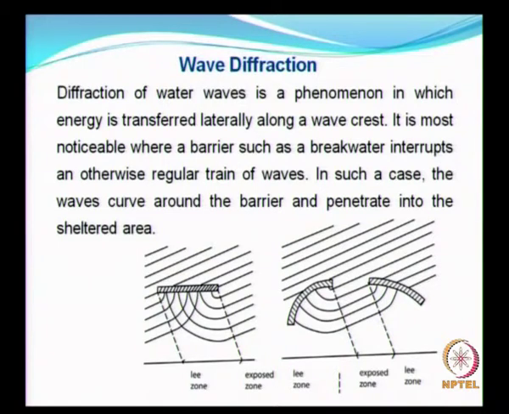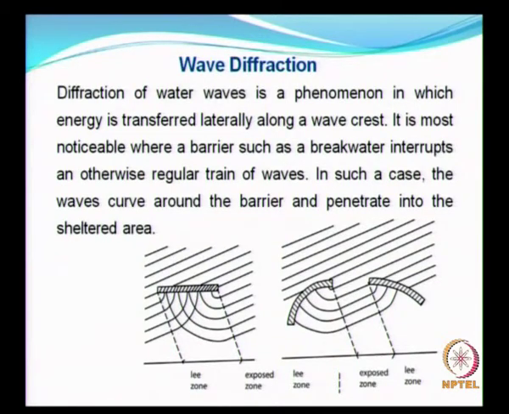So herein we have a rigid barrier which may be a breakwater, and the waves are propagating from the deep waters. These are the wave crests, I am showing everything in plan. So the wave crests or wave troughs are moving. When I am dealing with this, I am assuming it is a constant water depth, the barrier is in a constant water depth.